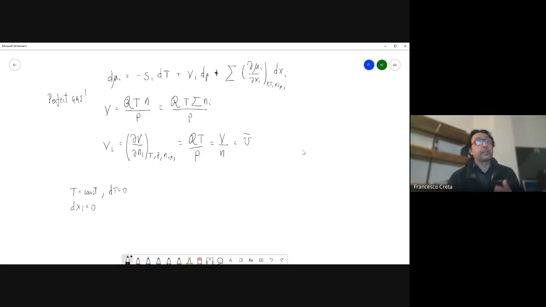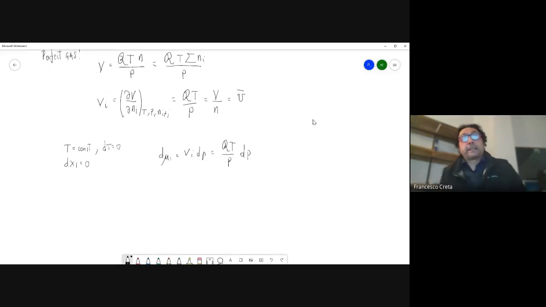So essentially, I'm not changing each mole fraction for all the species. Then we can express this differential as essentially Vi dP, which is equal to RT over P dP. So clearly, we're not considering the system at constant pressure, although this will be a little confusing for you, I'm sure. So how can we use this expression here?